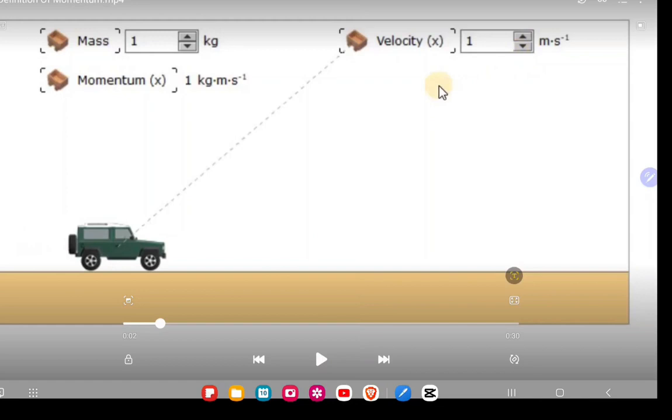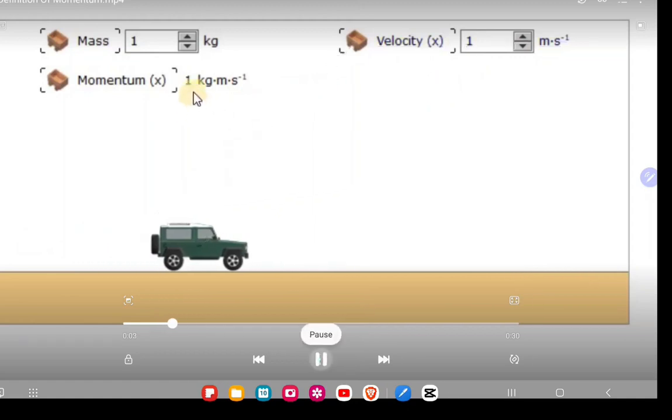Once we increase the velocity to 1, the linear momentum becomes 1 kilogram meter per second. You can see here.